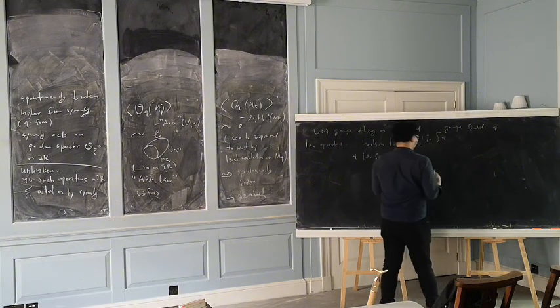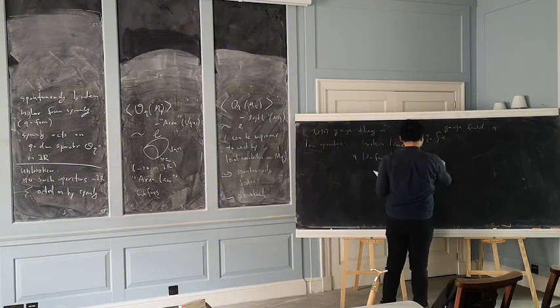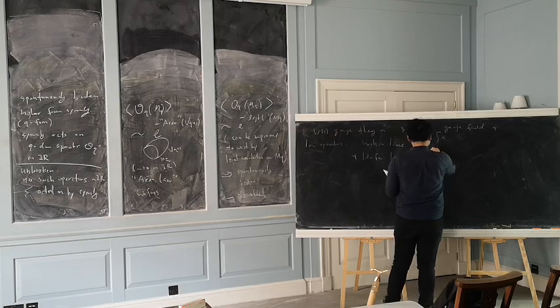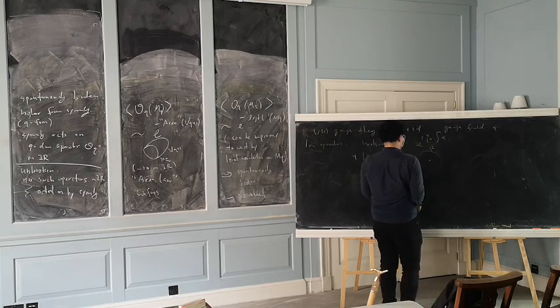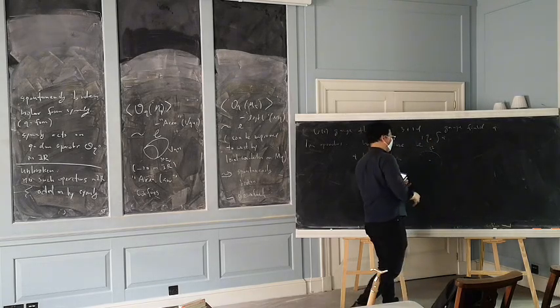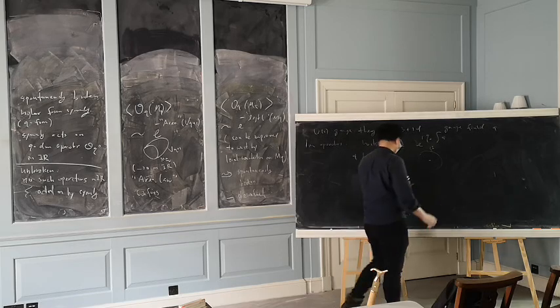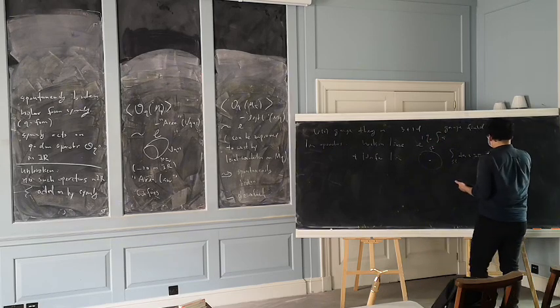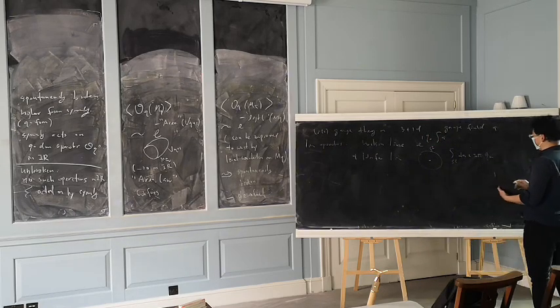You can think of 't Hooft lines as monopoles. Namely, it's defined by the flux through a two-sphere that encloses the monopole. So the monopole is a point in space and extends along the time direction, so it's a line. And the flux is 2 pi times an integer, where the integer is the magnetic charge.